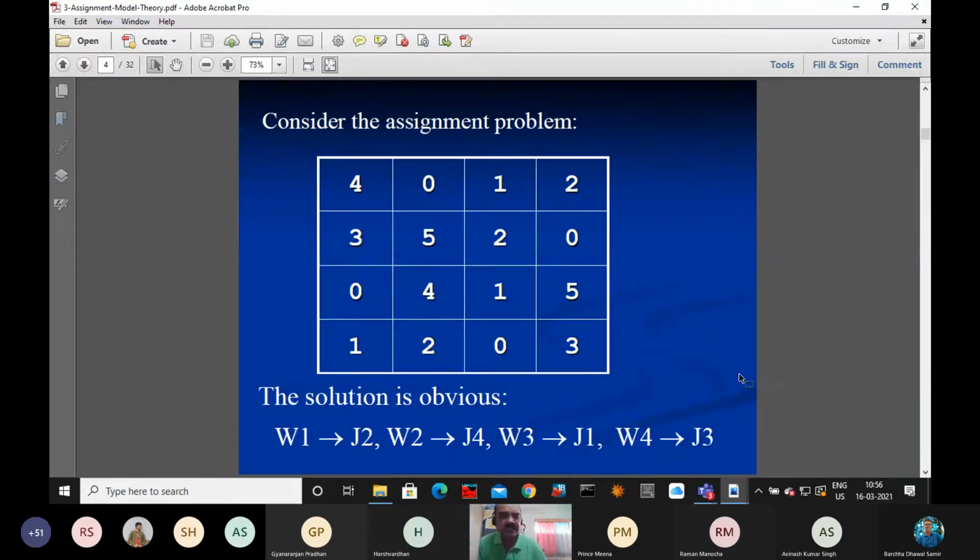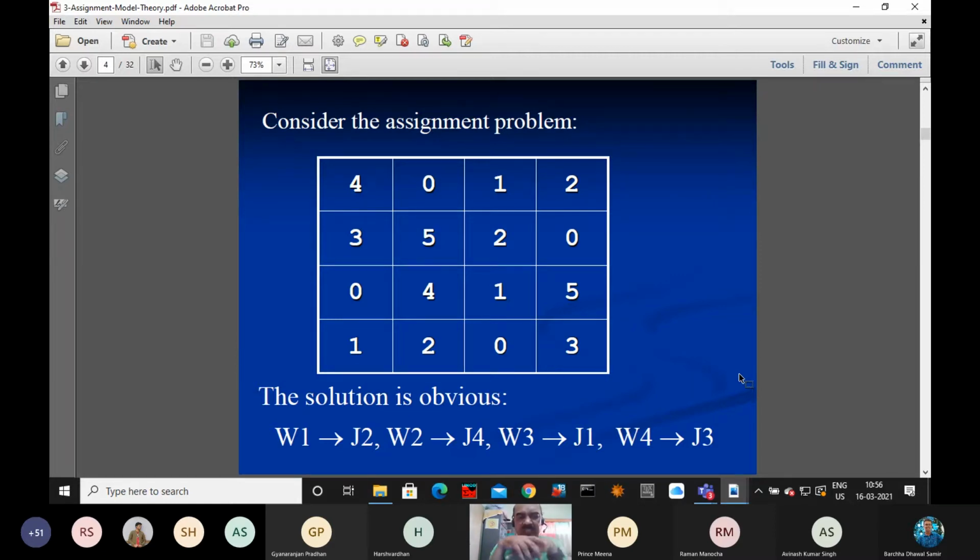Now see this assignment problem. Whatever is given is the assignment matrix. You will observe that some of the elements in the assignment matrix are deliberately given as 0.